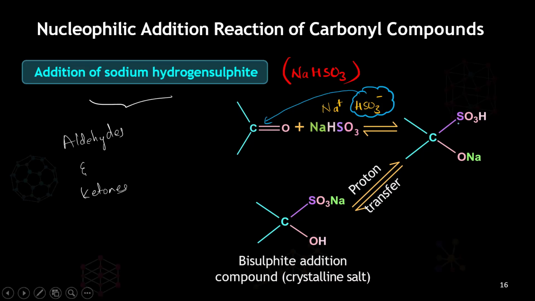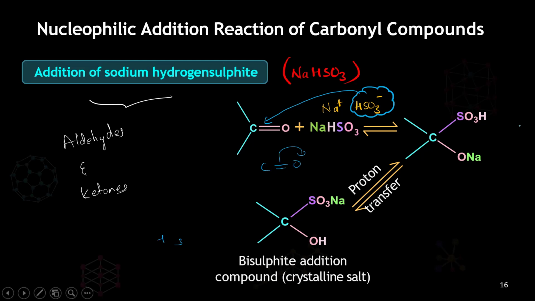Between the carbon and oxygen, the electrons will move to the oxygen, and the oxygen will turn out to be partially negative and the carbon partially positive. Now this HSO3- nucleophile will come and attack this carbon. So the double bond has turned into a single bond and results in formation of this compound.